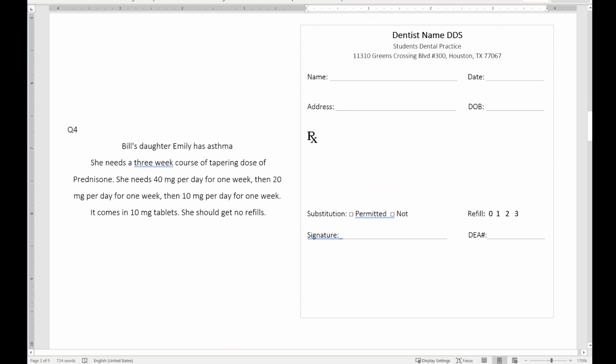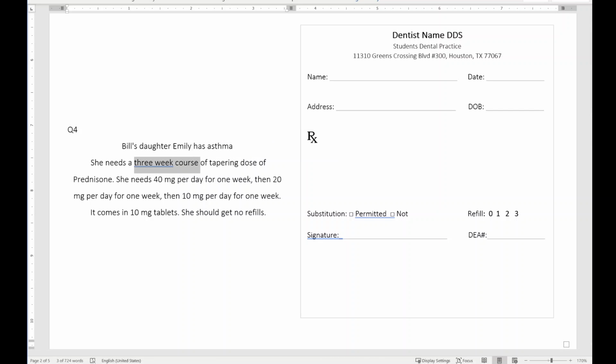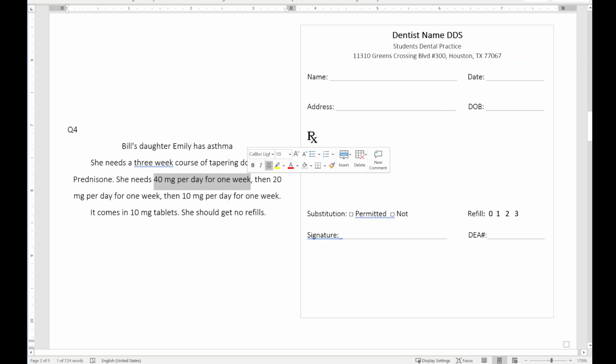One more. We have Bill's daughter, Emily, asthma, and she needs a 3-week course of tapering dose of prednisone. She needs 40 milligrams per day for 1 week, and then 20 milligrams per day for 1 week, and then 10 milligrams per day for 1 week.